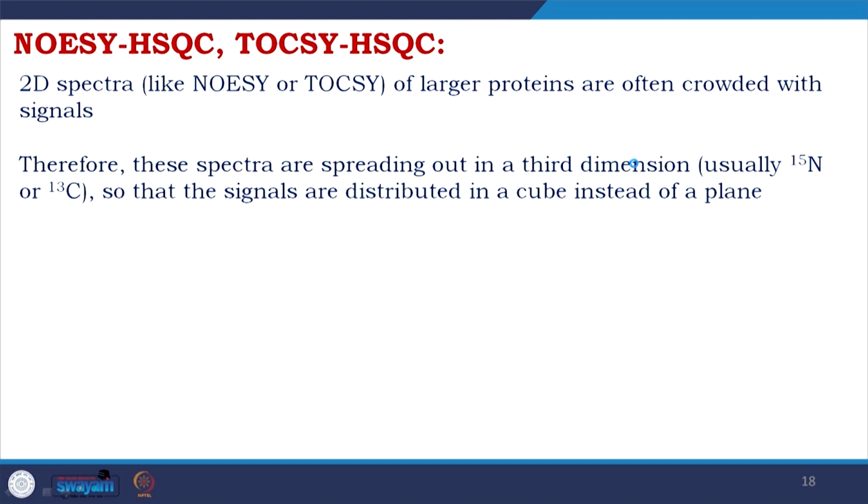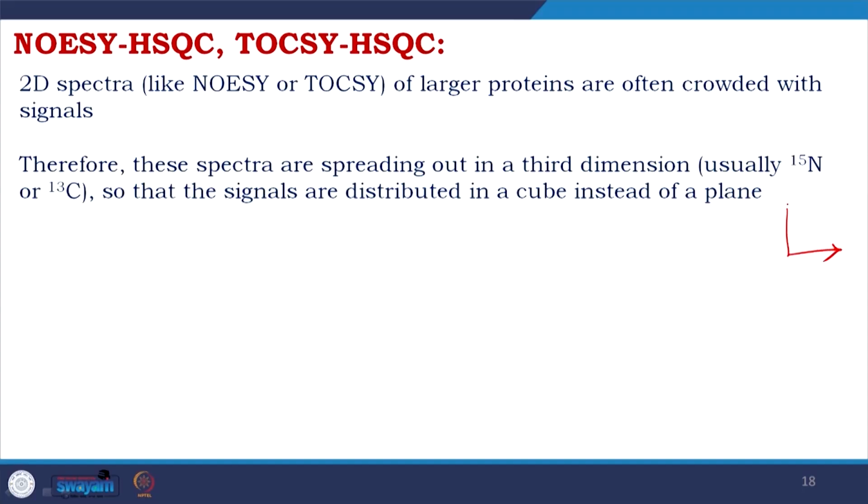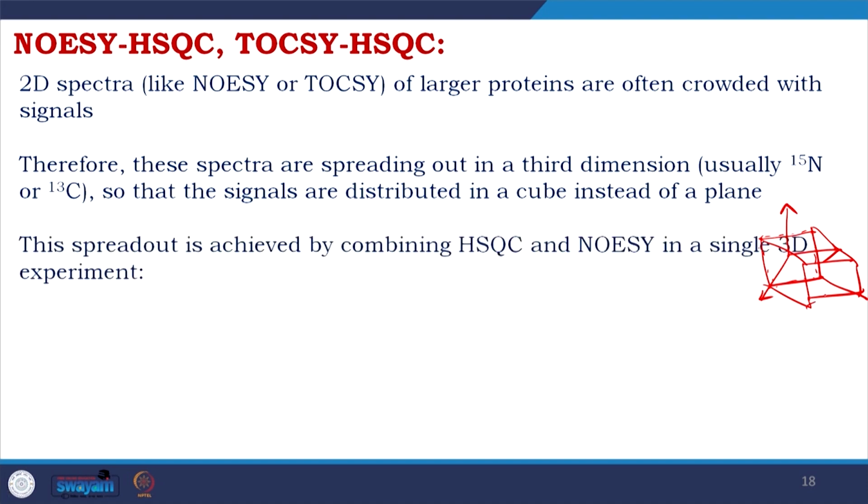If you have 2 dimensions and you make it 3, basically you make this one with this one. Now, it is in the cube. So, you get a higher dimension, and it is higher resolution.